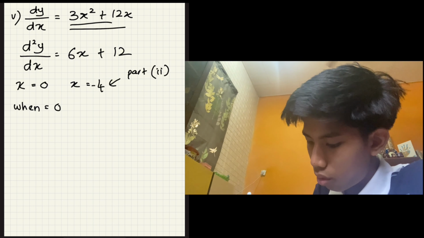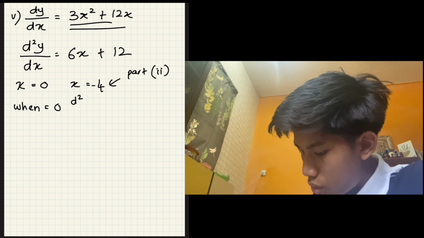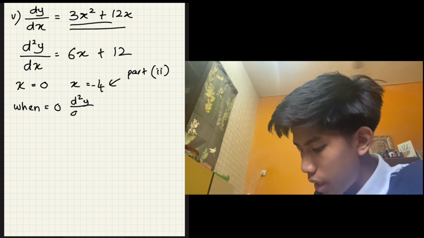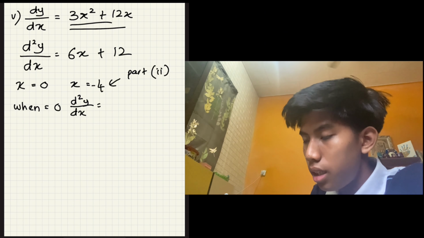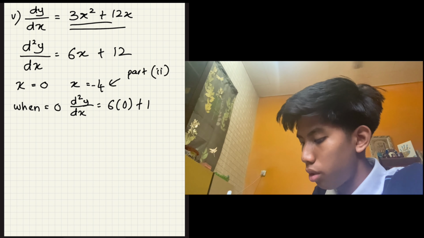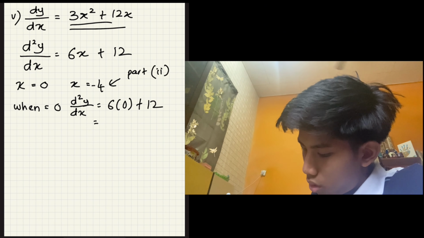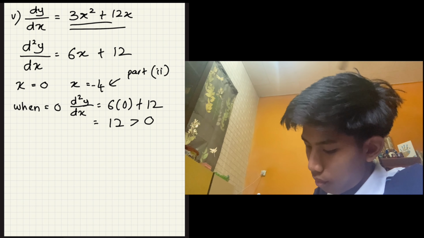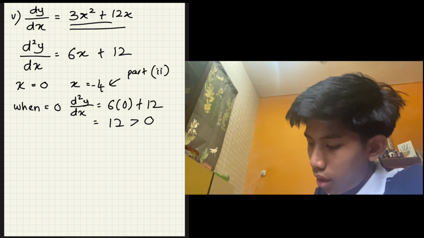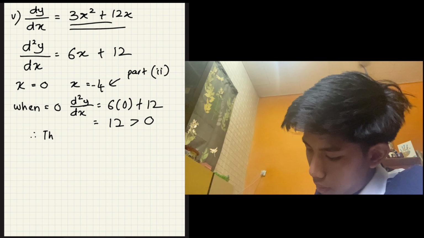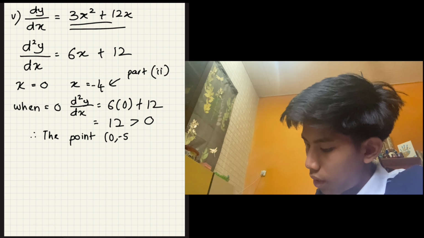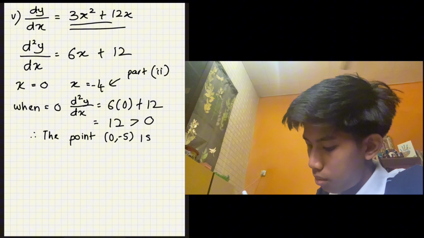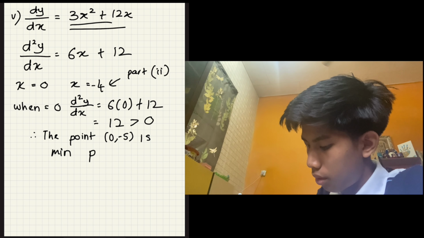So when x equals 0, d2y over dx2 equals 6 times 0 plus 12. So the answer will be 12, which is more than 0. That means the point (0, negative 5) is a minimum point.